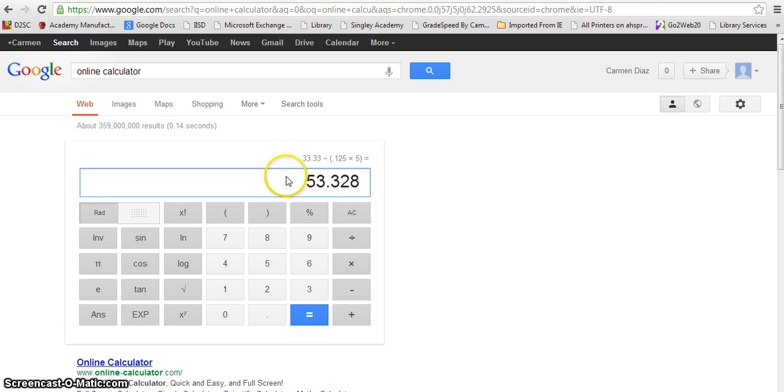So my pressure would be 53.32. Now, if this looks a little bit different, maybe you did 33 divided by 0.125 times 5. A lot of us have this.